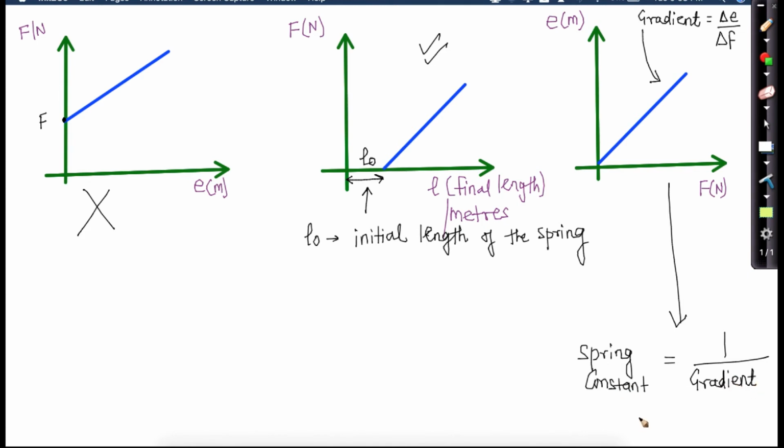So basically keep this thing in mind always that our k is del F by del E. So if the gradient is not looking like this, then you have to take a reciprocal. If on the y-axis there is force, on the x-axis there is extension, then the gradient will give you the spring constant.